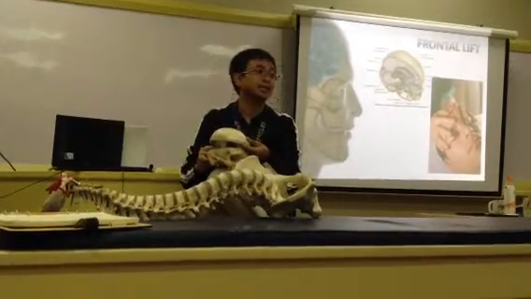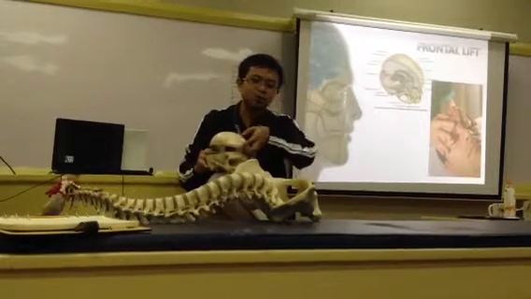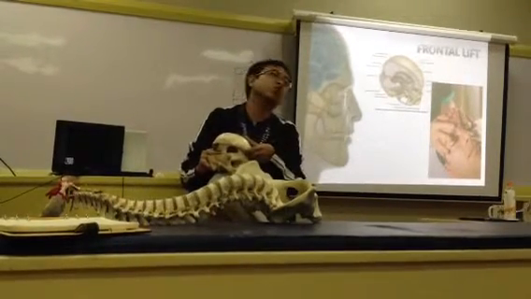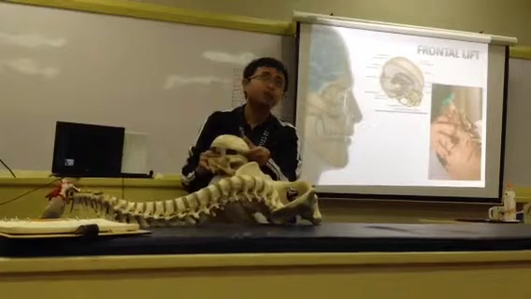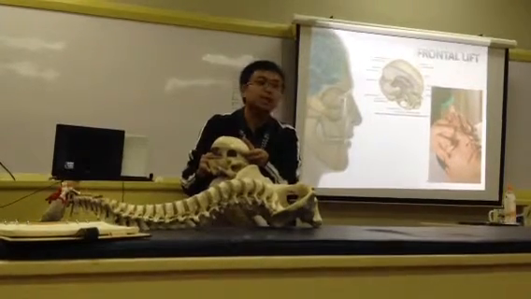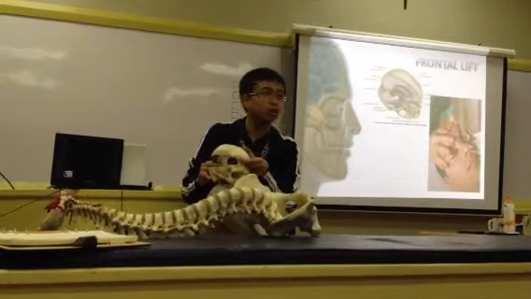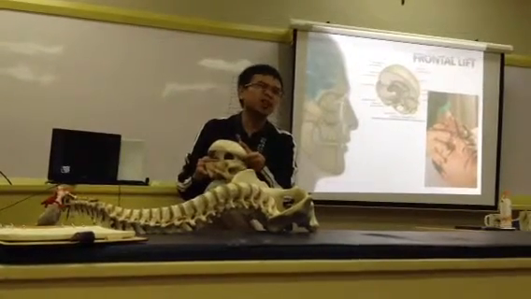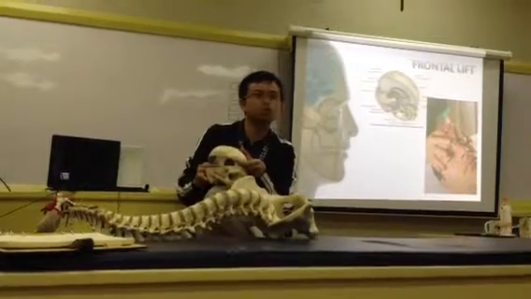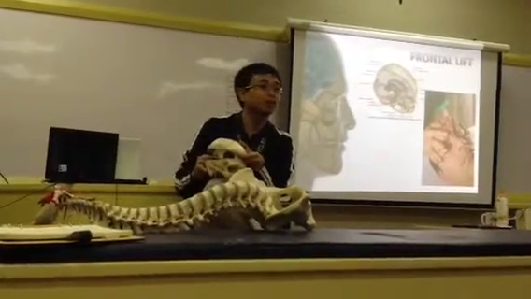First, the frontal lift. With the frontal lift, we are trying to move. By the way, under craniosacral therapy, they believe that sutures are movable. But there are some beliefs that sutures are immovable.